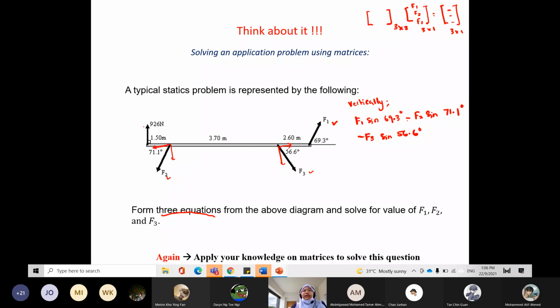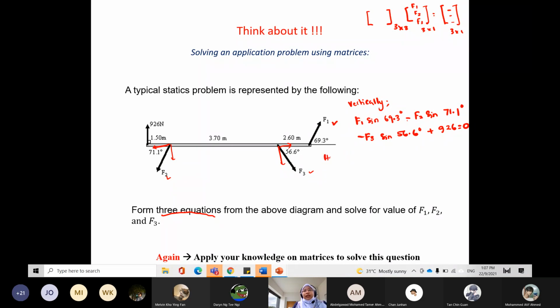And another one vertical here is plus 26 Newton, equal to 0. So this is when you resolve the forces vertically.